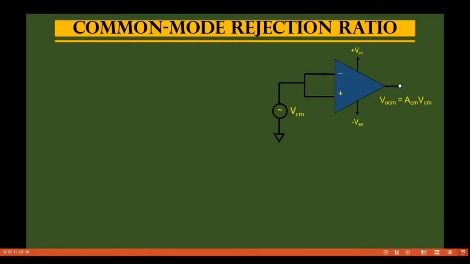Now we'll see the common mode rejection ratio, that is, what is CMRR.